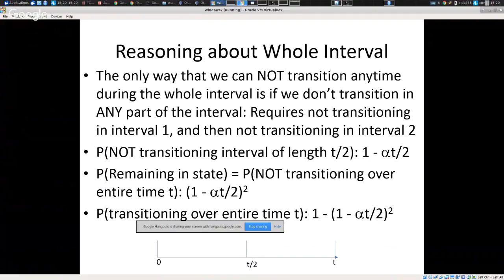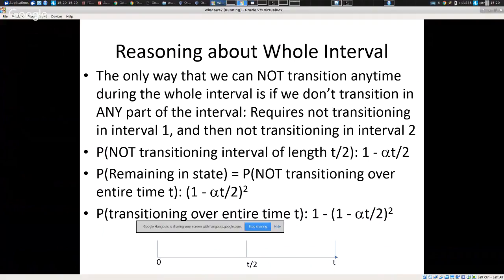And it turns out that conditional on me not having transitioned yet, the chance of me transitioning in the second interval is independent of the chance that I transition in the first, conditioned on me still being in there. So the probability of remaining in that state without transitioning is just the probability that I don't transition in one interval squared. I need to not transition the first times the same value for not transitioning in the second.